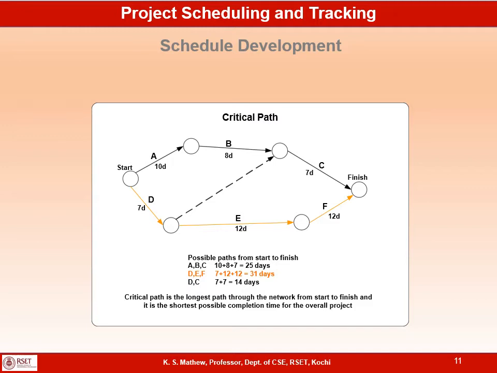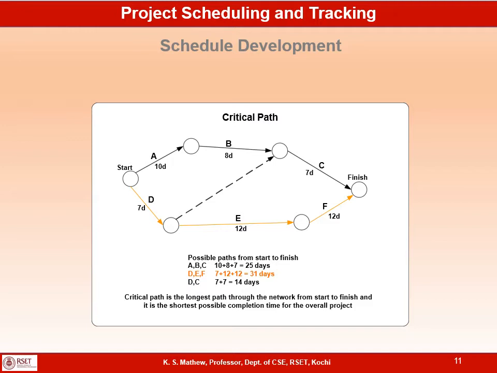So in this network diagram, from start to finish, how many parallel paths are there? How many parallel paths can you identify between start and finish of this network diagram? We can see there are 3 parallel paths.